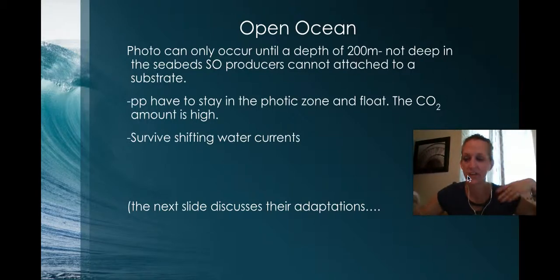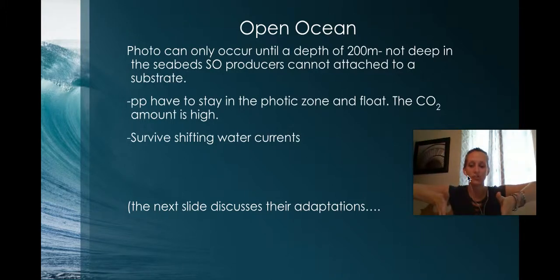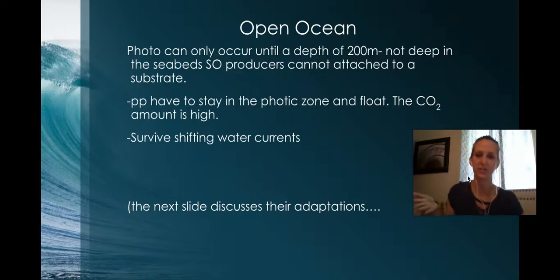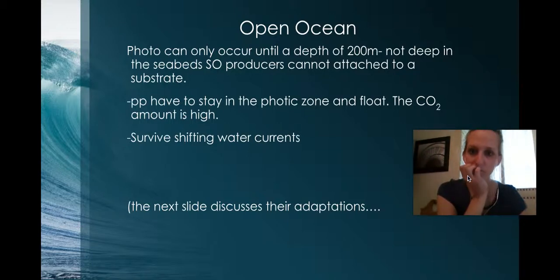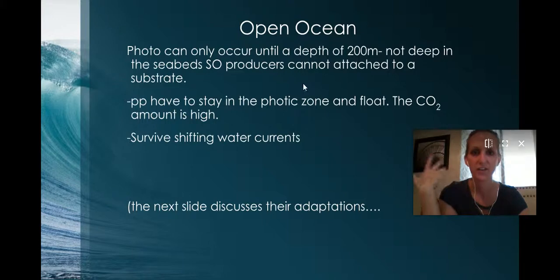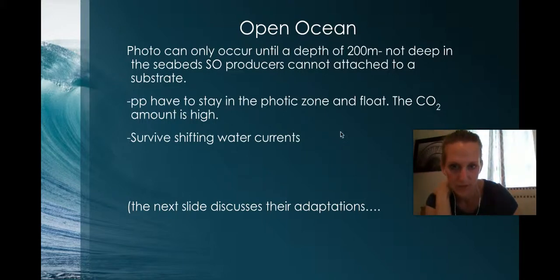Our light penetration is going through, but there's no substrate for them to anchor themselves down at 200 or even at 100. It's all the way down to 6,000 meters. So though they have light intensity, they have nothing to hold themselves with. So they are free floaters. PP is primary producers, and they have to stay in the photic zone.